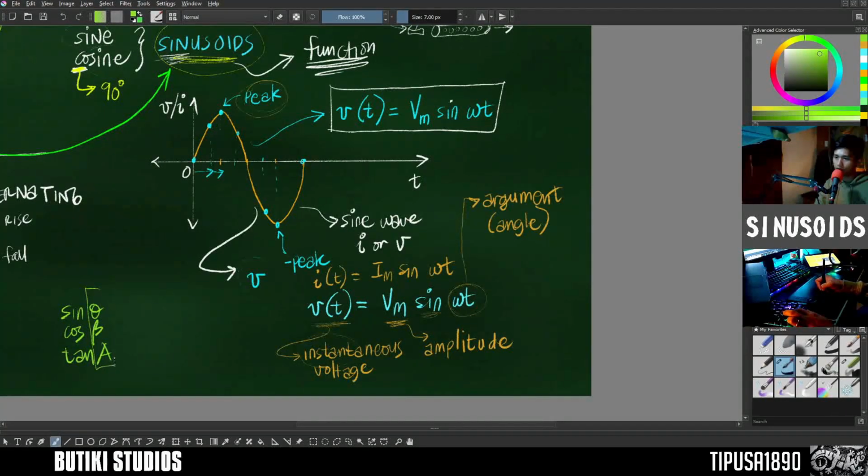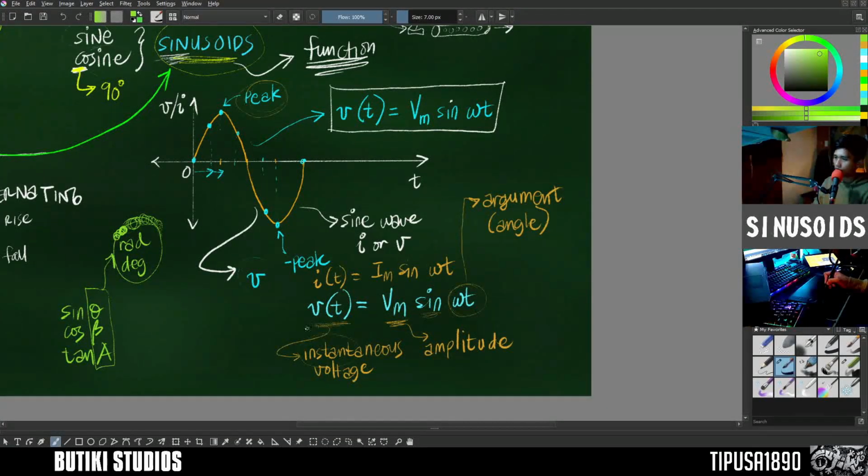But kani siya, these are your argument or the angle. And the angle's unit is either radian or degree. This is also one of the parts nga medyo makalibog nga kinahanglan natong i-familiarize. So you need to familiarize the difference between radian and degree. So this could be either in radian or degree.